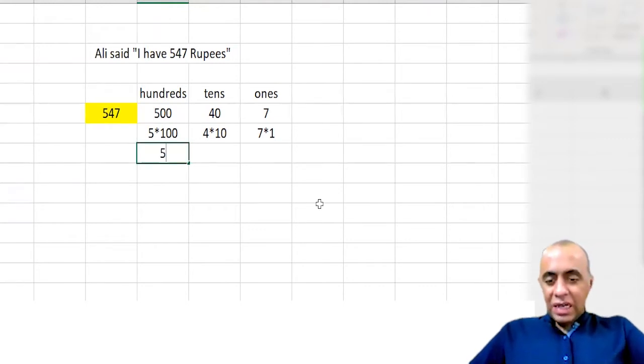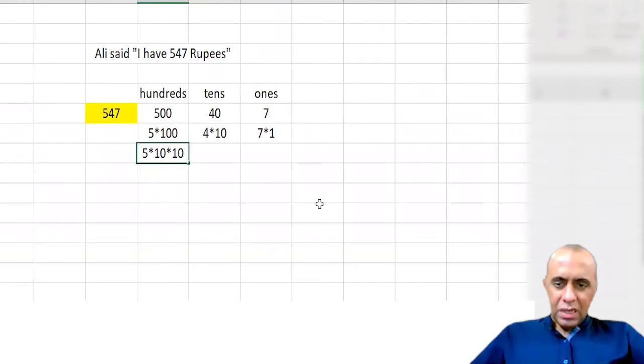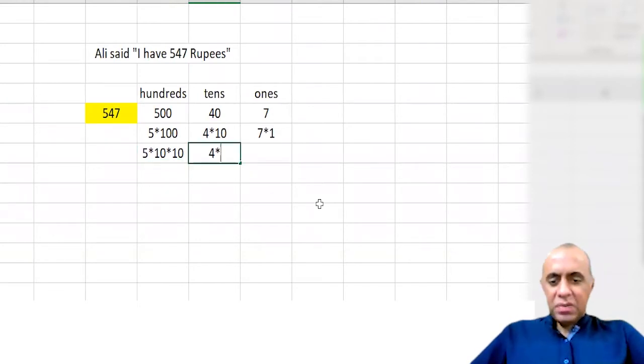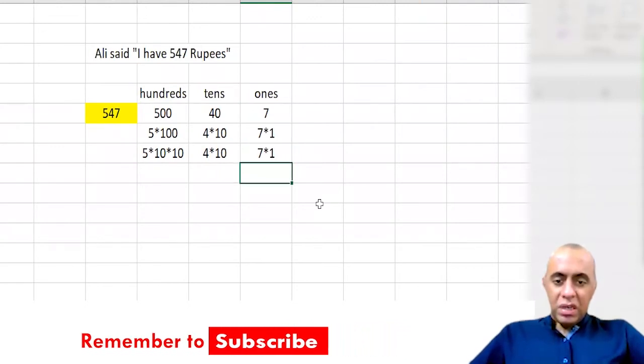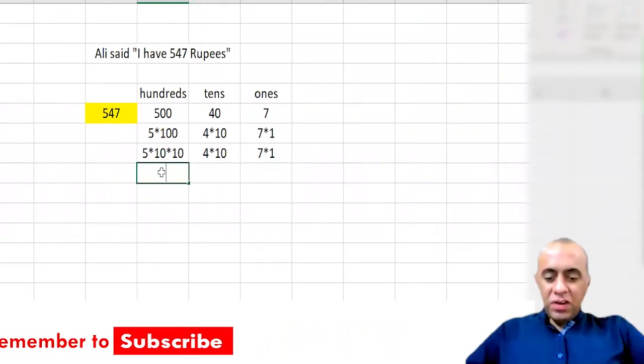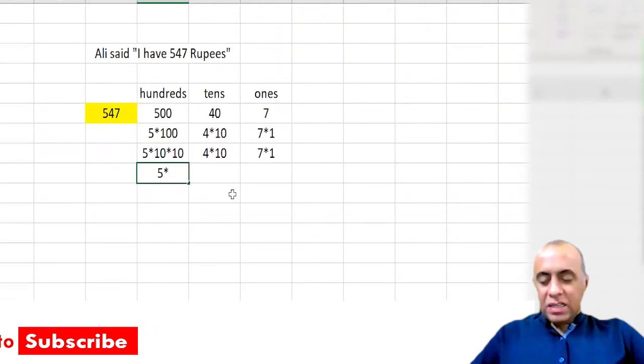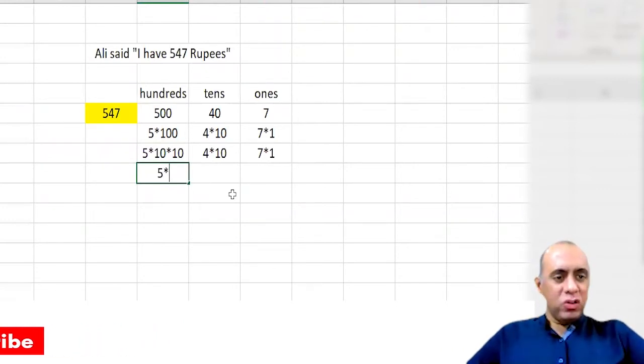What if I told you that I could write it down as 5 multiplied by 10 multiplied by 10, and I could write it down as 4 multiplied by 10, and I could write it down as 7 multiplied by 1. And what if I change this? What if I told you that I could write this in a very new format, probably new to some and not that new to others?